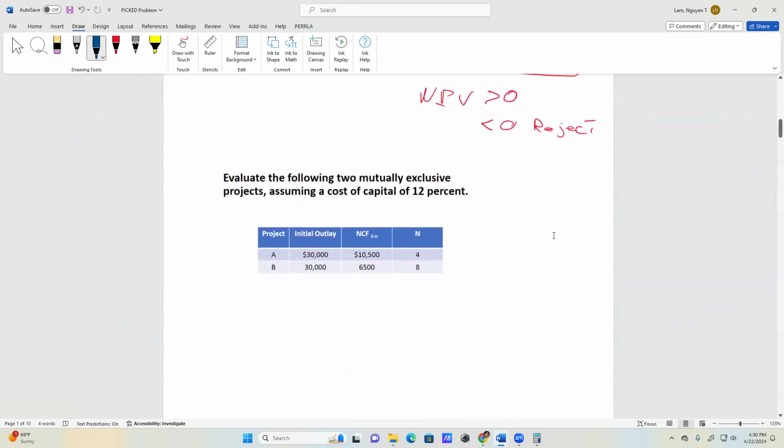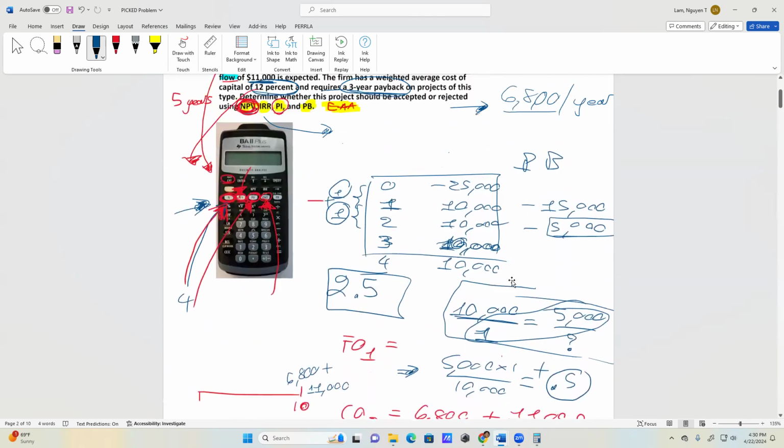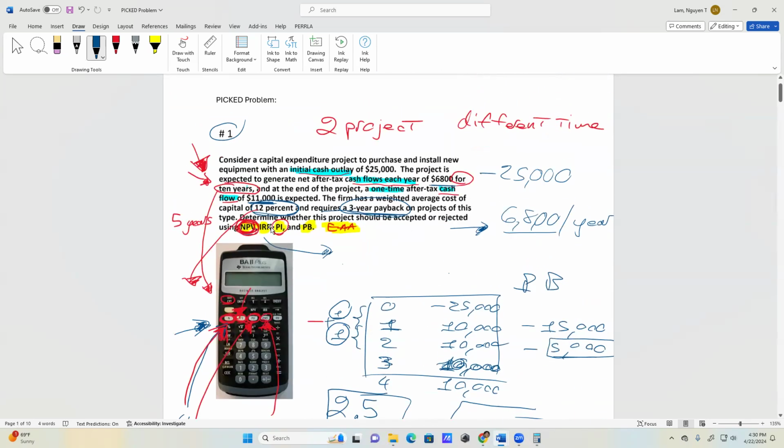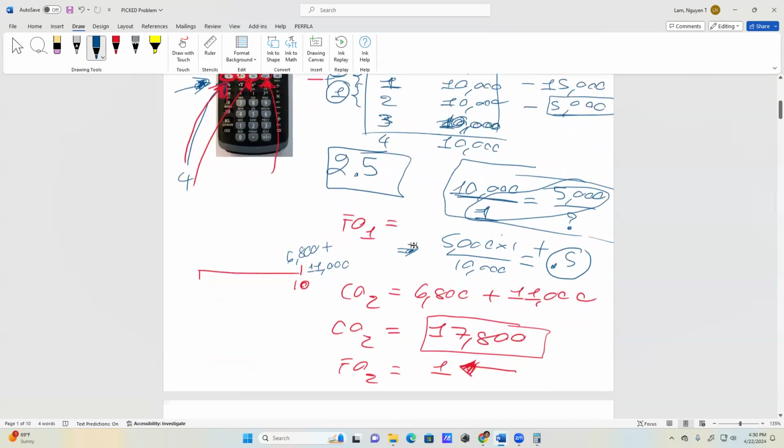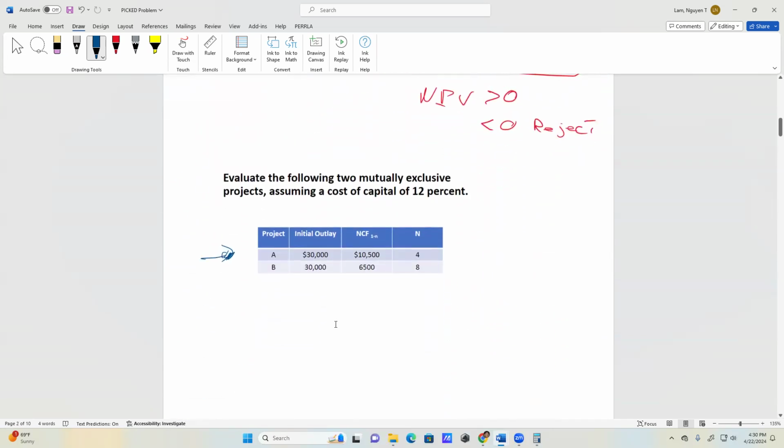All right. So if you're looking at this problem, I would say that on the test, most of the case, she's going to give you a word problem like this. However, if she throws you a table right here, don't panic just yet. Try to see, all right, there are 2 projects, so probably they have different lives.